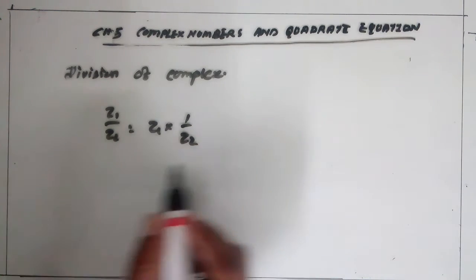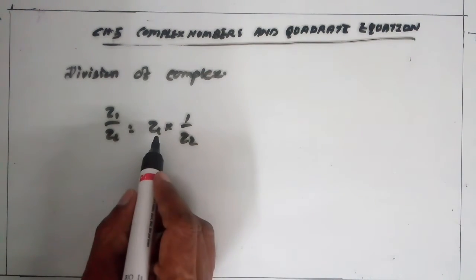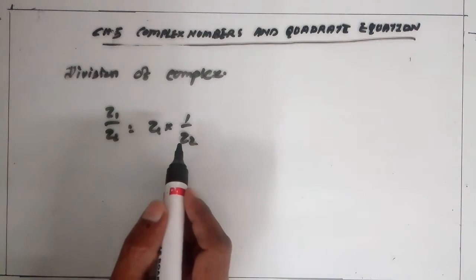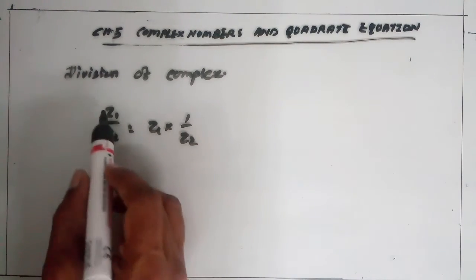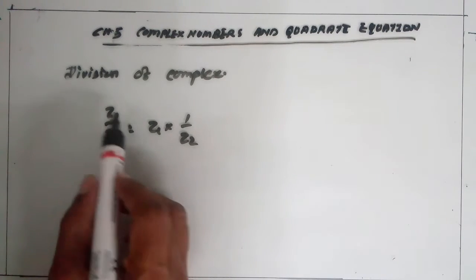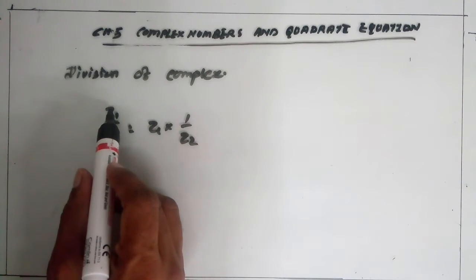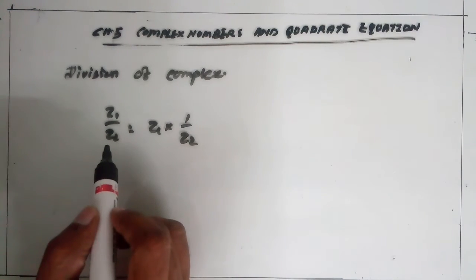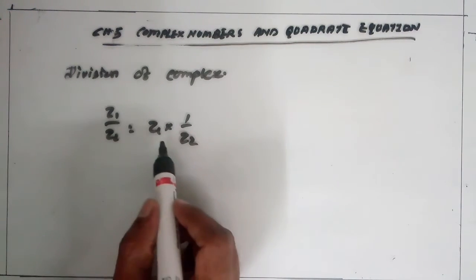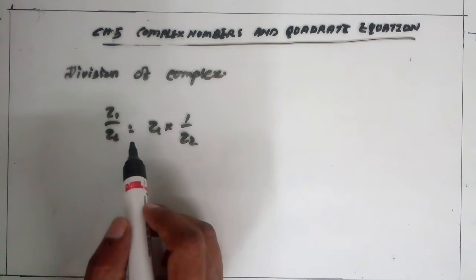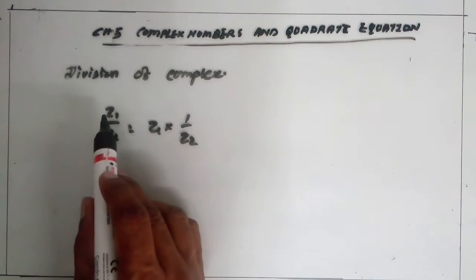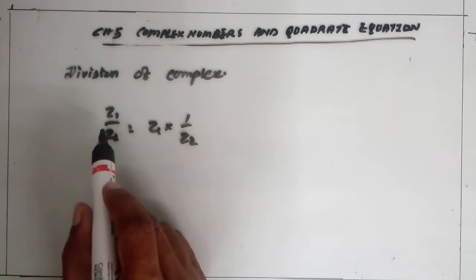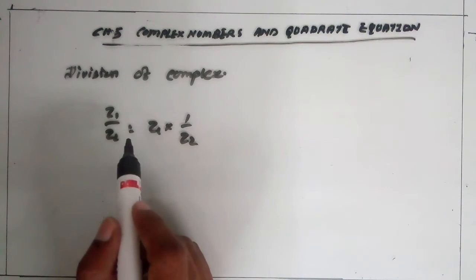Clear? So z1 upon z2 is equal to z1 into 1 upon z2. That means division of two complex numbers is the first complex number into the multiplicative inverse of the second complex number. In short, z1 upon z2 is equal to the multiplication of z1 and the multiplicative inverse of z2.